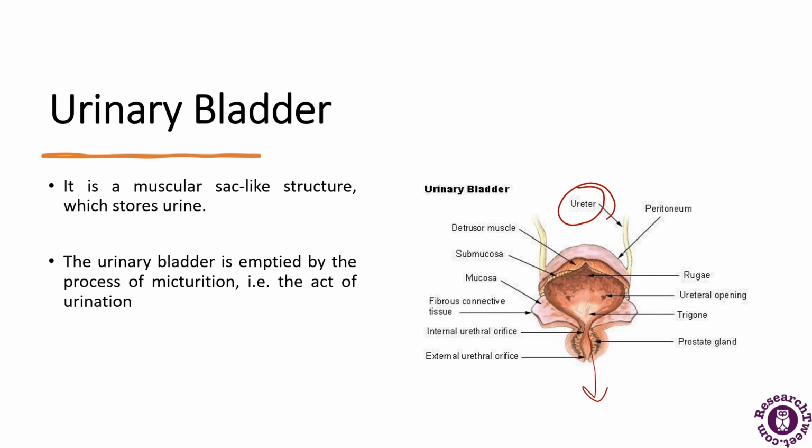The average capacity of a human bladder is around 400 to 600 ml, and it holds urine until its capacity and expels it by the process of micturition when it is full.